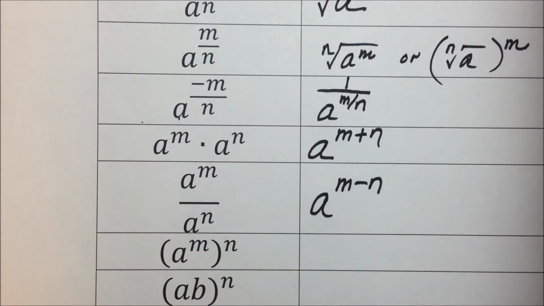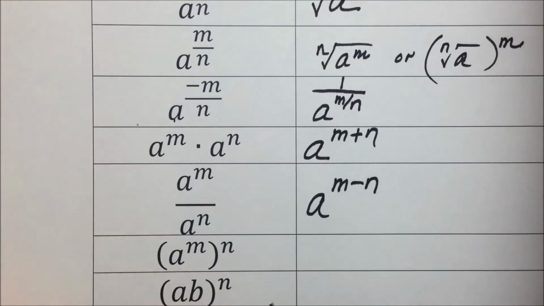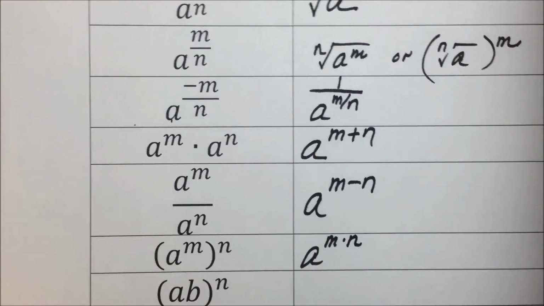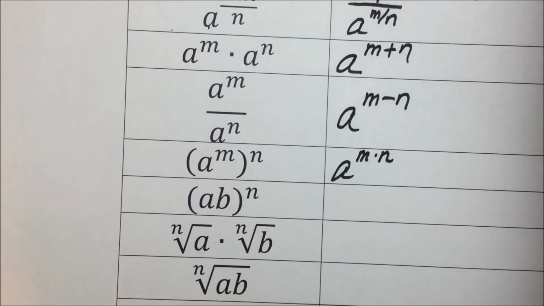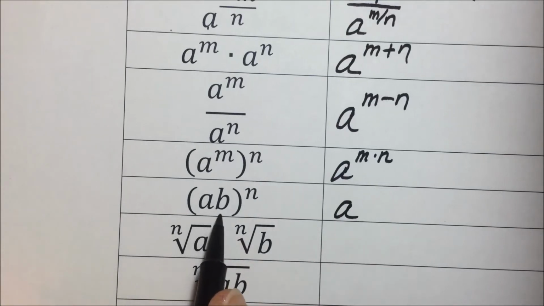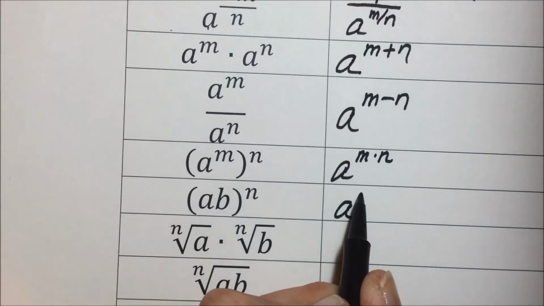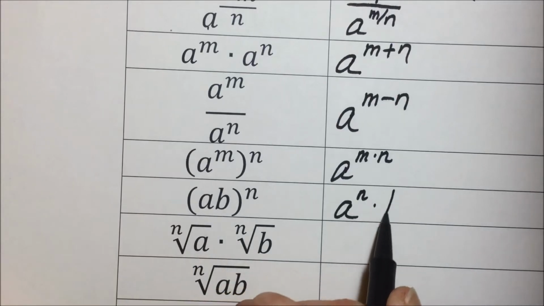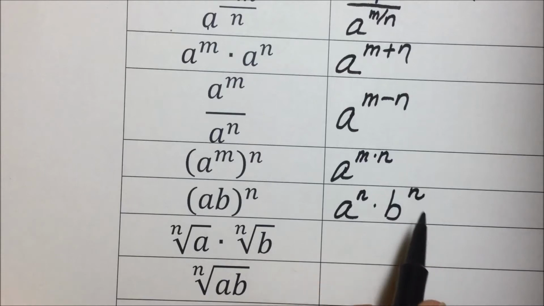When we have a base raised to a power to a power, you multiply your exponents. So an equivalent expression would be a to the m times n power. If we have a product raised to a power, you will raise each factor to the power. So the equivalent expression to this one would be a to the n times b to the n.